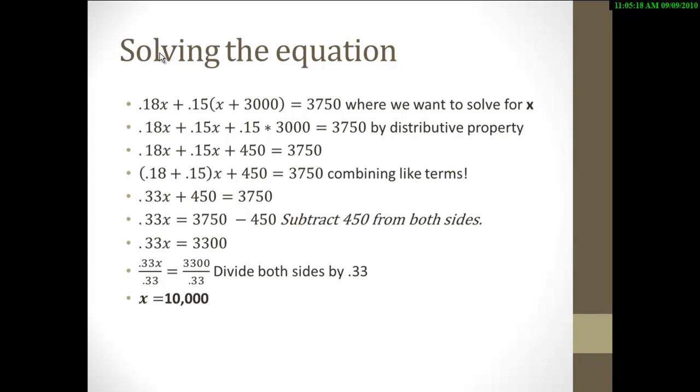Then we use the distributive property to remove the parentheses and expand things out, combine like terms, and solve for the desired variable, in this case x. In this case we end up with x is equal to 10,000. So go through that computation slowly at your leisure.